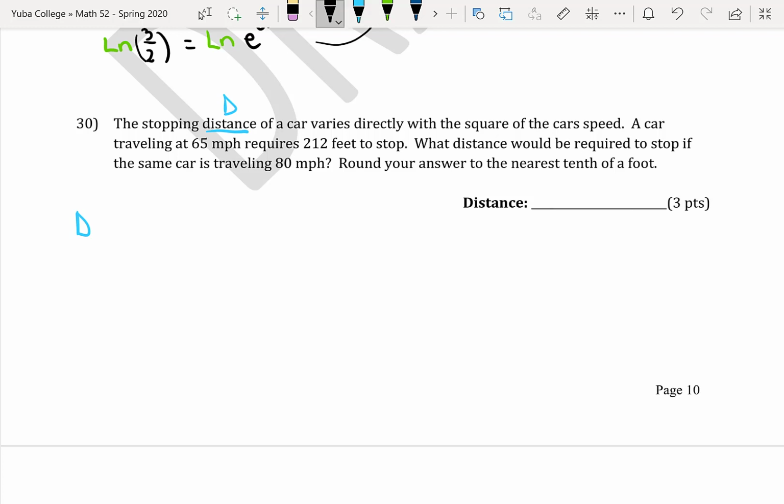Okay, so now it's going to give us enough information to plug in for D and R so that we can figure out what K is. And so now it says a car traveling 65 miles per hour, that's our rate, requires 212 feet to stop.